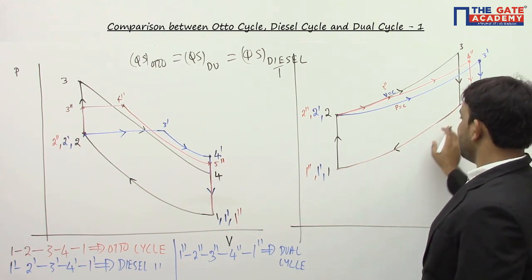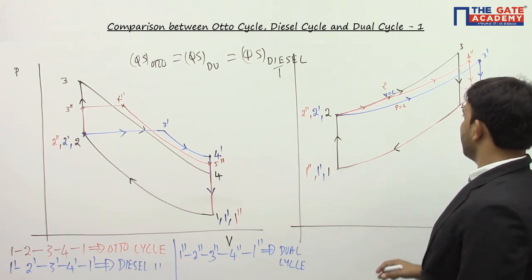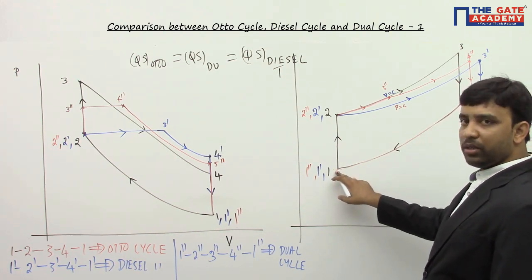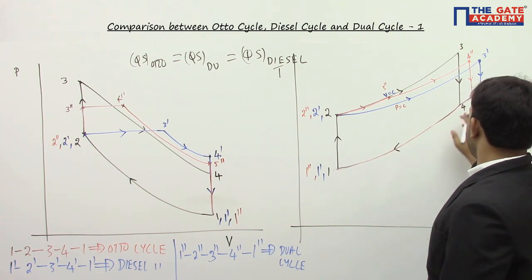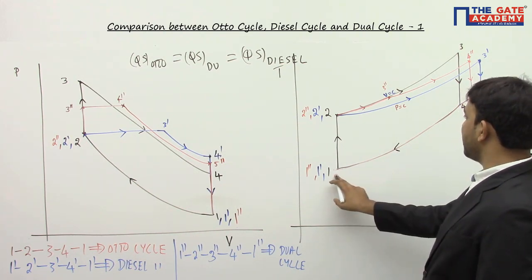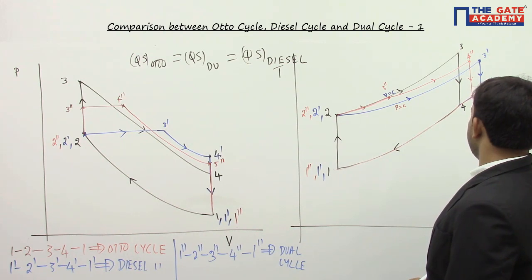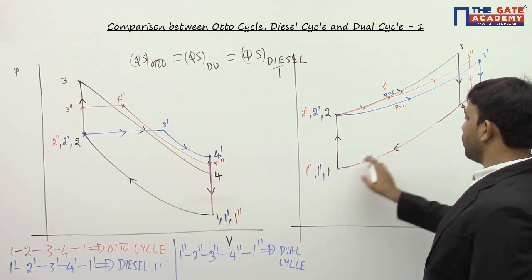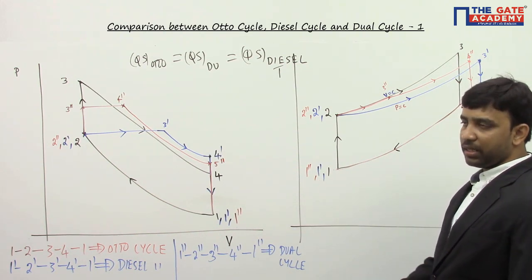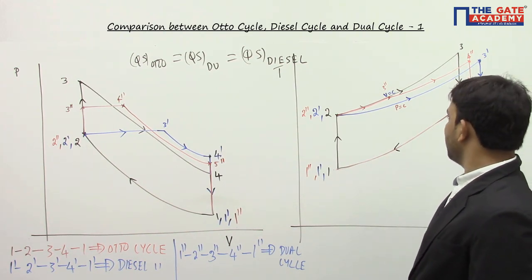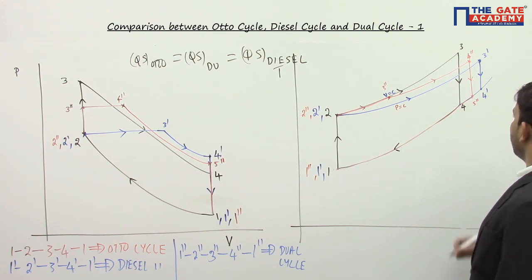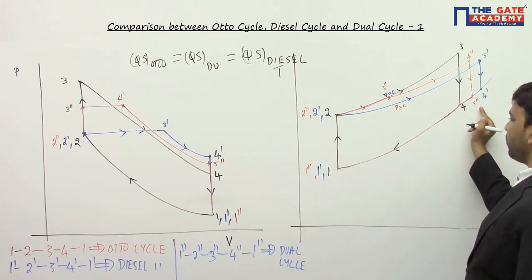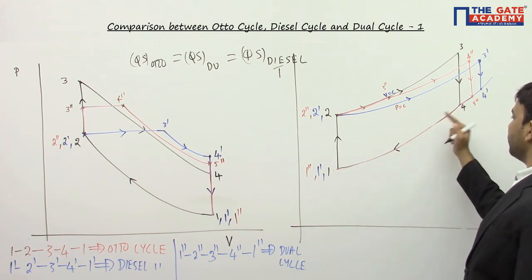So the area under the curve 4-1 gives heat rejected in the Otto cycle, the area under the curve 5-1 gives heat rejected in the dual cycle, and the area under the curve 4-1 gives heat rejected in the diesel cycle. From the diagram it is very clear that the area under the curve 4-1 for Otto is smaller than that of 5-1, which is smaller than that of the diesel cycle.